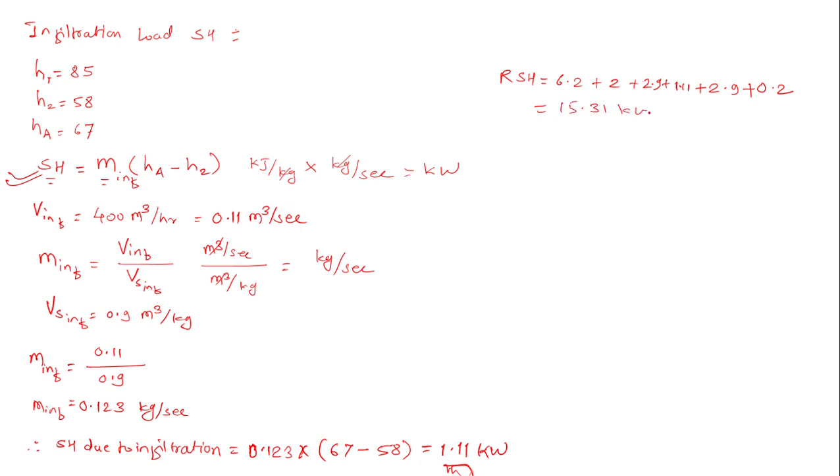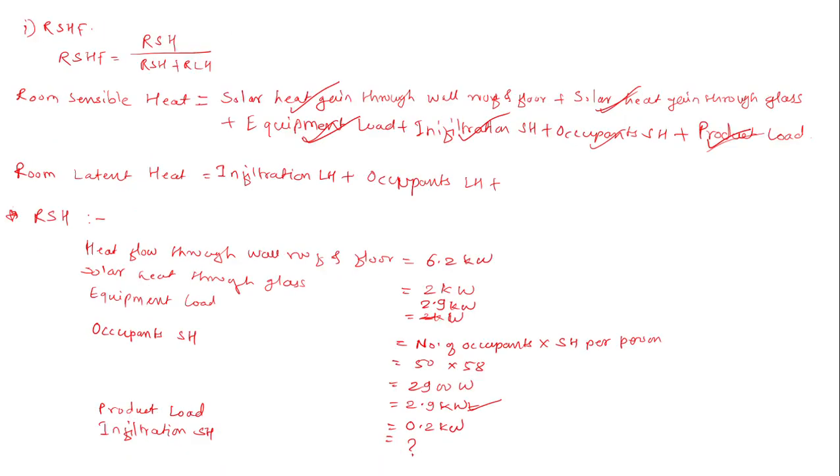15.31 kilowatt, that is the room sensible heat you have got. Now you will find the room latent heat. This room latent heat, as we have already seen, is equal to infiltration latent heat plus occupant latent heat.